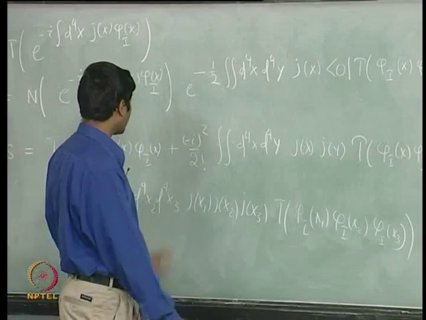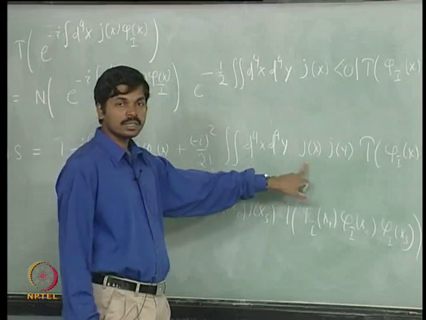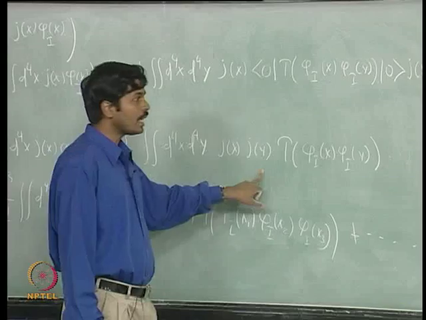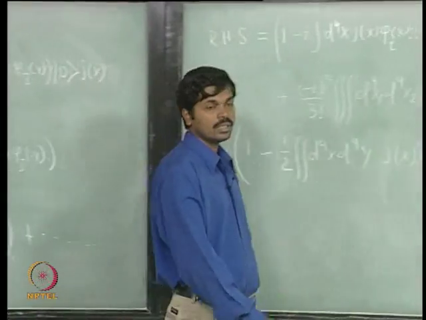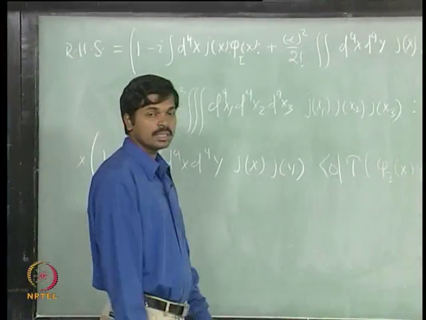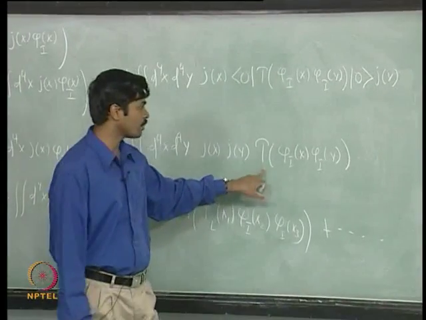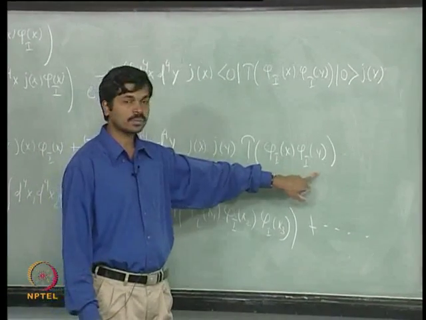Here you consider in the left hand side the coefficients of terms quadratic in J, and in the right hand side you consider coefficients of terms quadratic in J. Here you have only one term which involves time order product of phi I x phi I y.